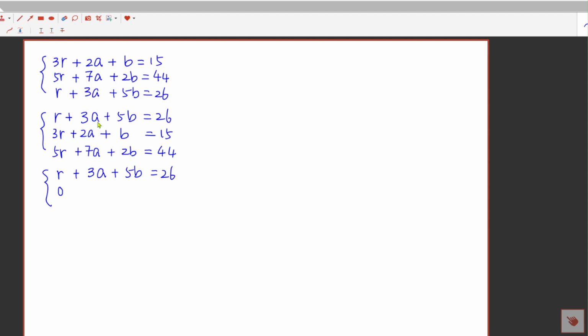And 3a times -3, which is -9a, added to 2a, which gives us -7a, right? And then we have 5 times -3 is -15, so plus 1b gives us -14b, right? And 26 times -3 added to 15 will give us -63, right? Can you follow me?